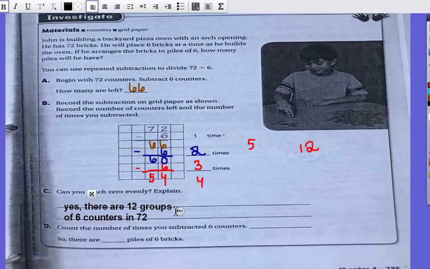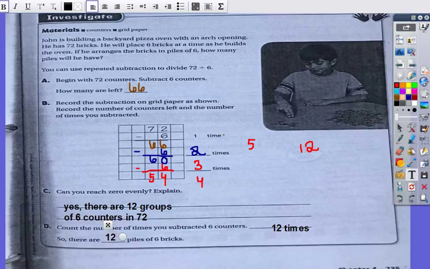So if you were to do that 12 times, then you would have 6 counters or 6 bricks in each group to get rid of 72. So count the number of times you subtracted 6 counters. I told you that was going to be 12 times. So there are 12 piles of 6 bricks.